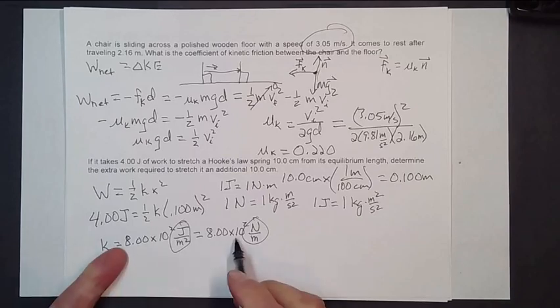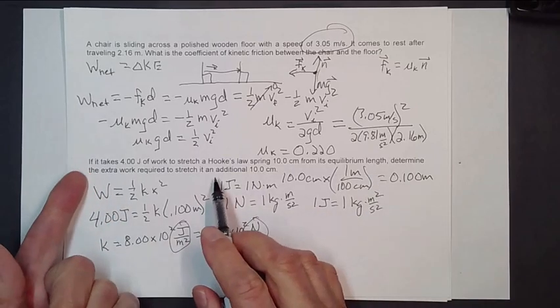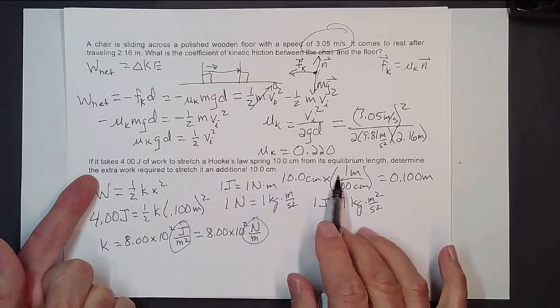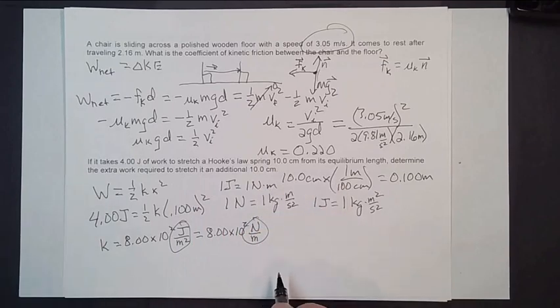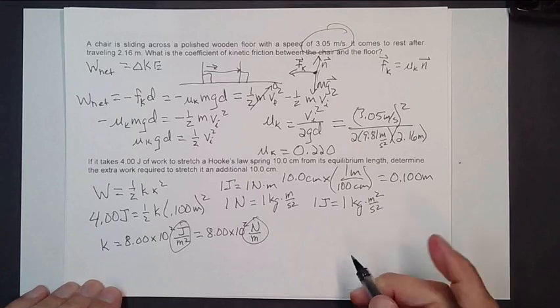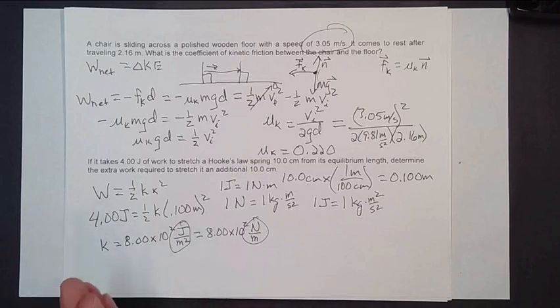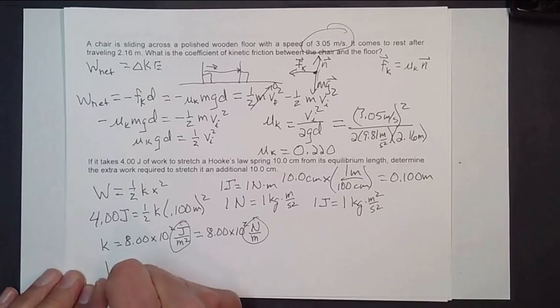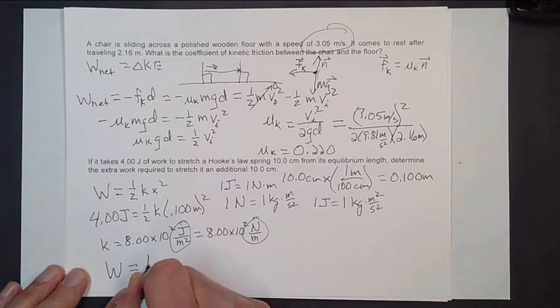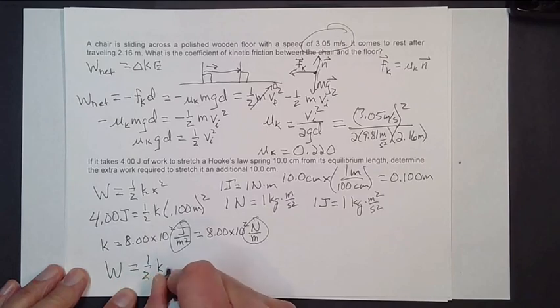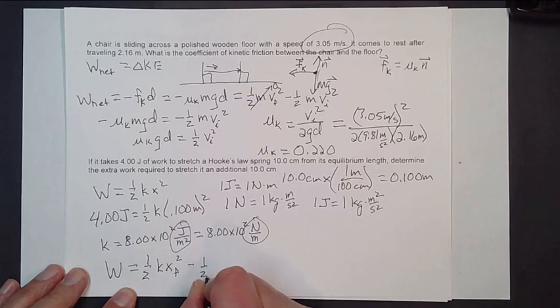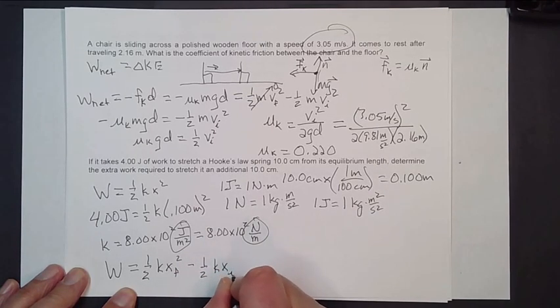We just figured out the spring constant, but the question asks, determine the extra work required to stretch it an additional 10.0 centimeters. Well, the other day I figured out that for stretching a spring from some initial position that wasn't its equilibrium position to some other position, the work required ends up being this: 1/2 k x final squared minus 1/2 k x initial squared.